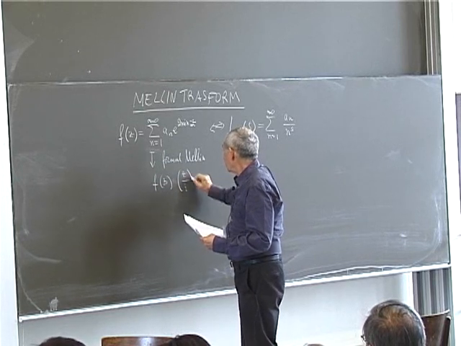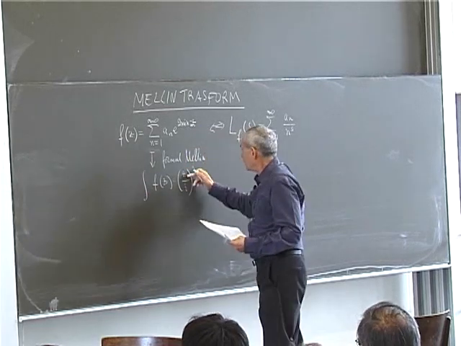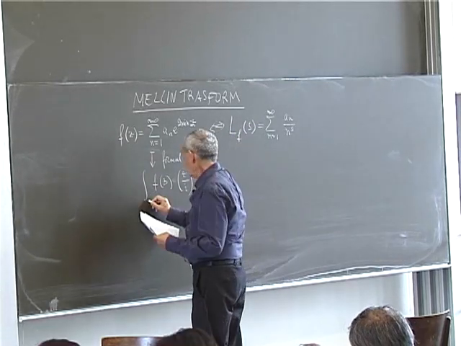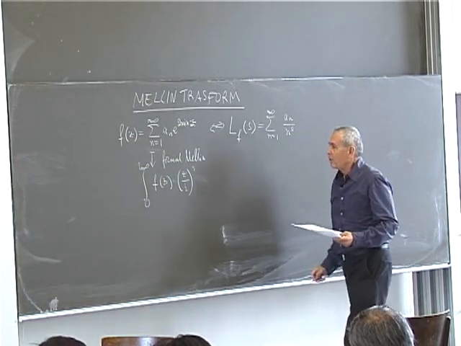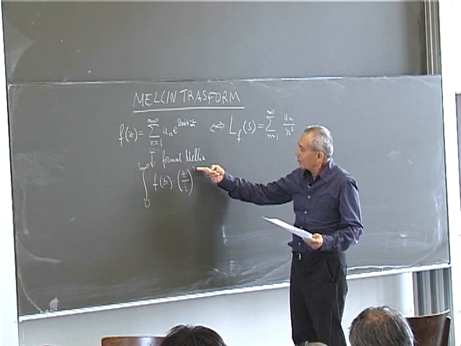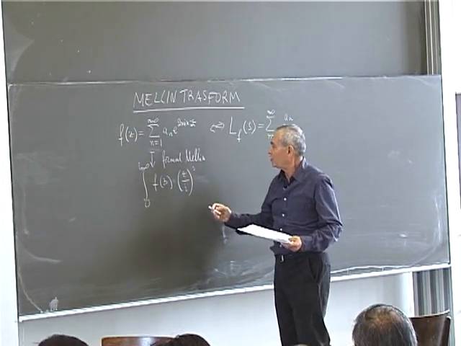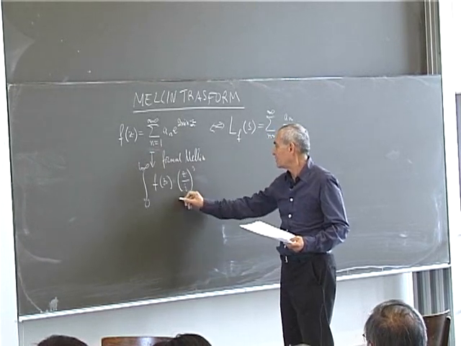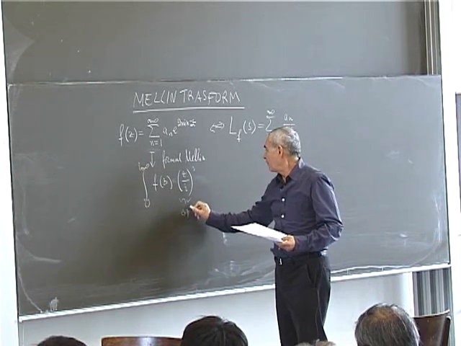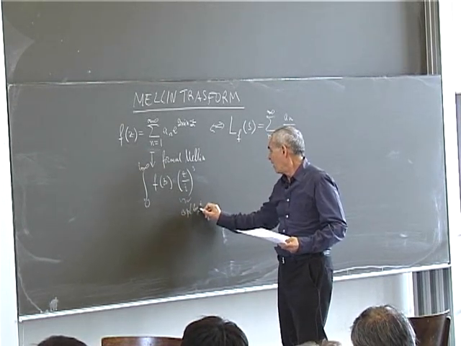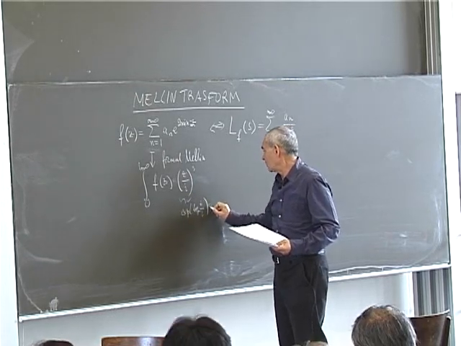I multiply it by a complex power of z, but my z will be running over the imaginary half plane. To make sense of a complex power of a complex number, I must tell which branch I take. And I take the branch which is here: e to the exponential of logarithm, and this is a positive real number, so it's clear what I mean, multiplied by s.